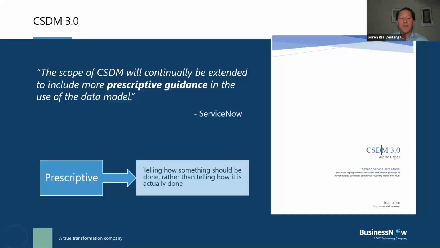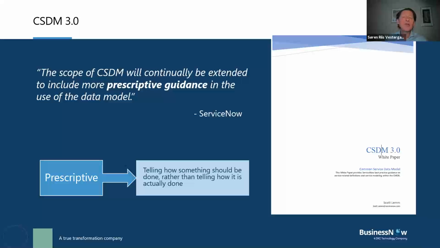So a prescriptive model is a model that actually tells you this is what you should be doing. And if you don't, well, who knows? But ServiceNow is saying this is a prescriptive model more and more as ServiceNow are moving forward.